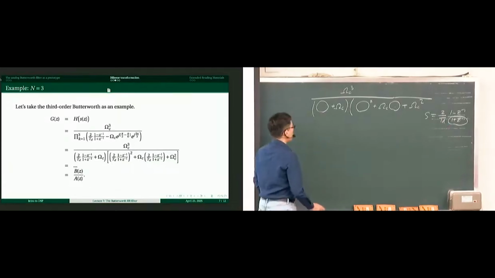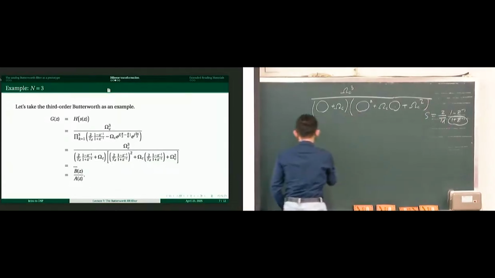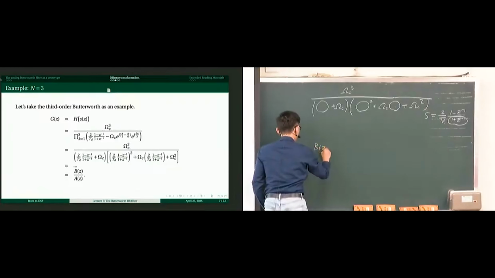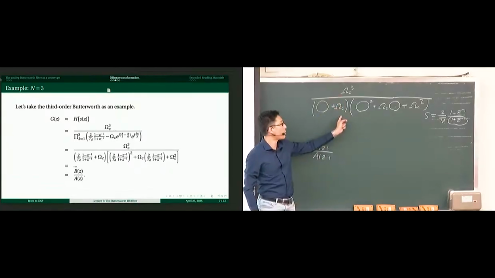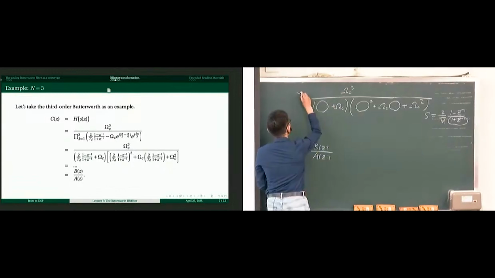So to make the final expression equal to B of z, to organize the final expression into this format, I suggest that we multiply the top and bottom, we multiply top and bottom with 1 plus z inverse to the third power.